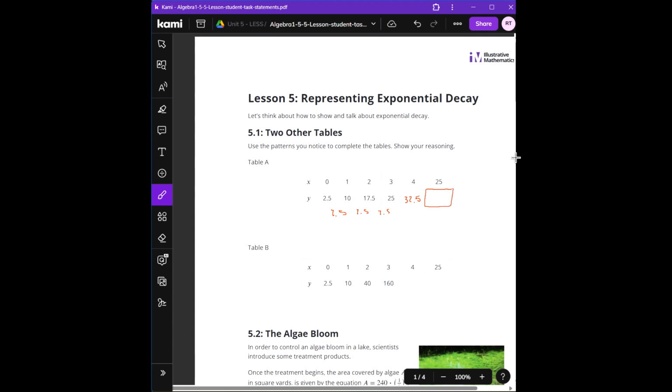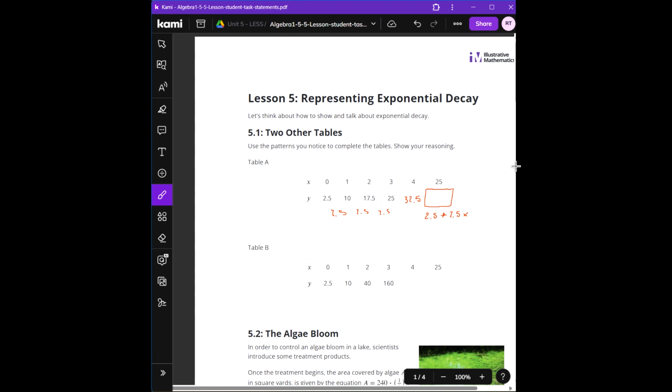what I want to do is we're going to represent this as an equation. Okay, so what we can do is we start at 2.5, okay, and then we're going to add 7.5 times x.